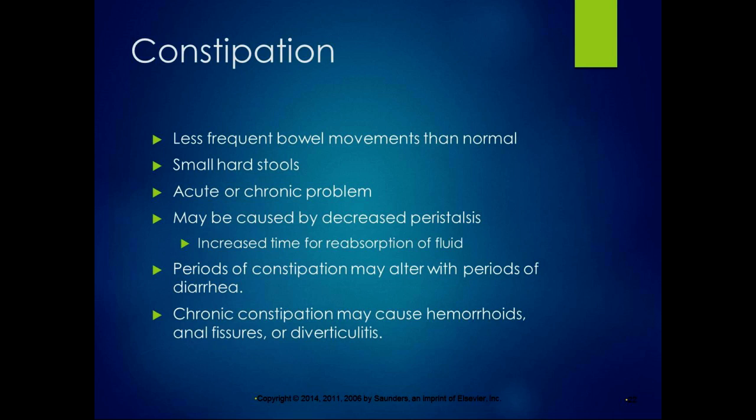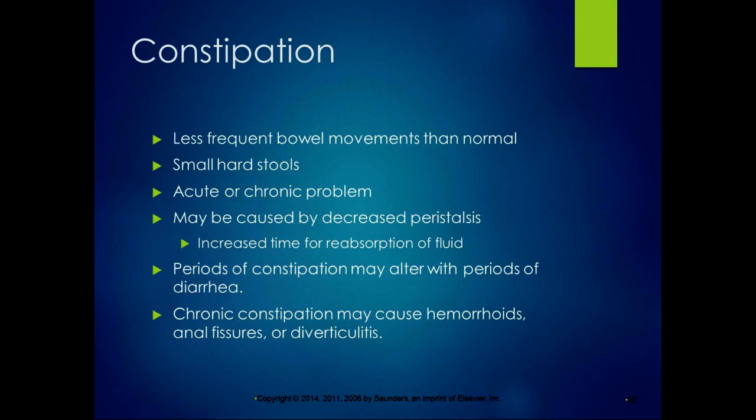Usually chronically, it can be caused by decreased peristalsis, because there's increased time for the reabsorption of fluid if the bolus stays longer in your intestines. So more fluid gets absorbed, and then you end up with a small, hard stool. Periods of constipation may alternate with periods of diarrhea, which is the worst of both worlds.